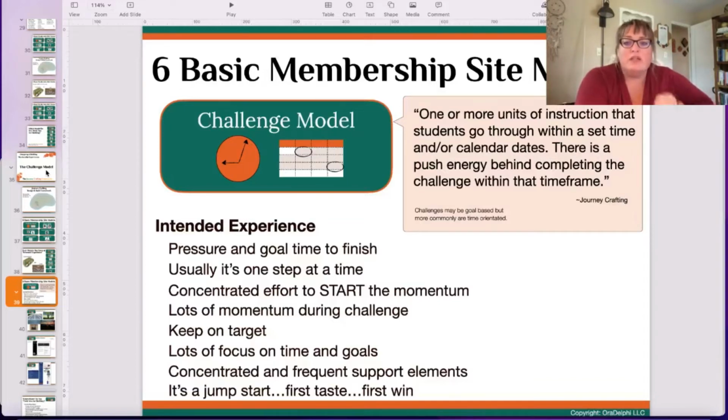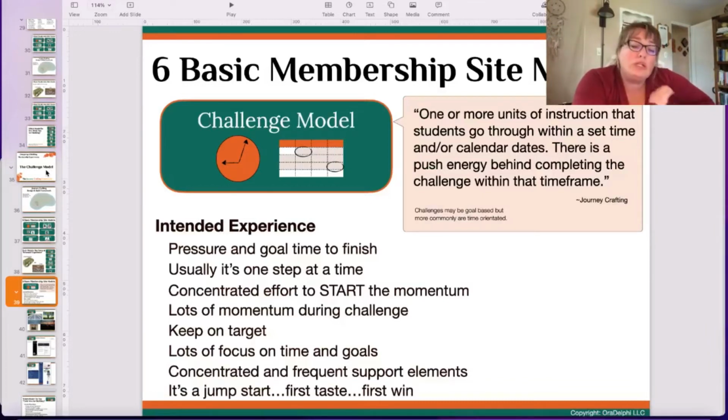So this is 1 or more units of instruction that the students go through within a set time and a calendar date, and there's an energy push behind it. There is a very intentional, compelling, I need to get you into motion. And so there's a lot of emphasis on pressure and goal and finish.